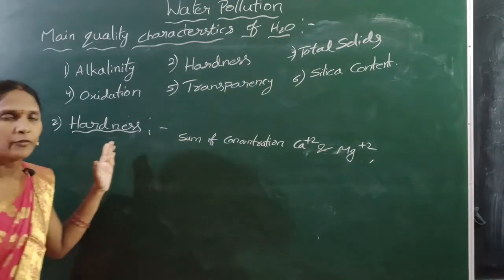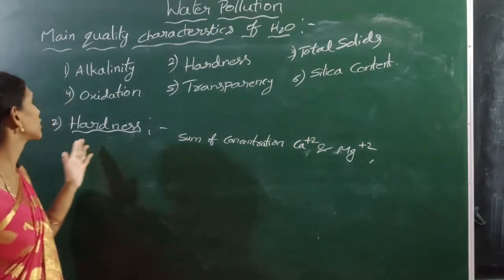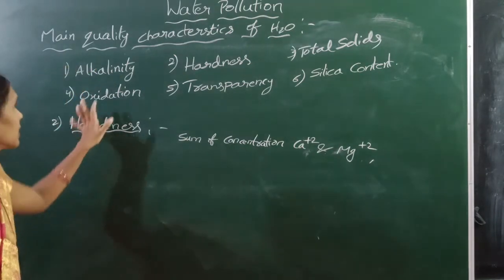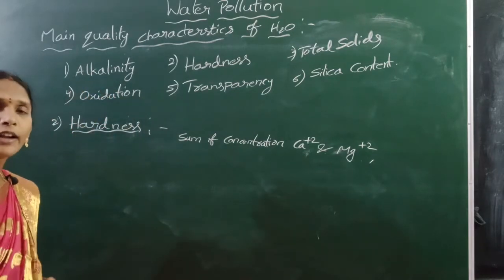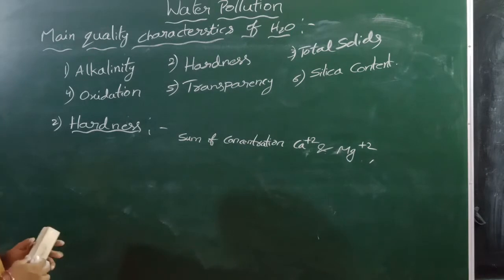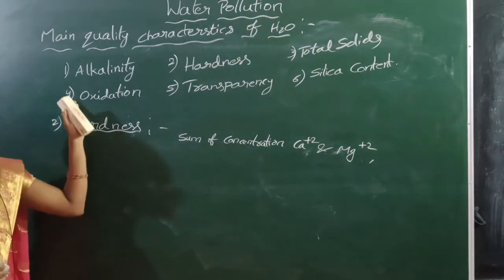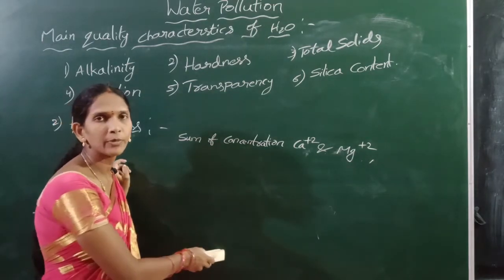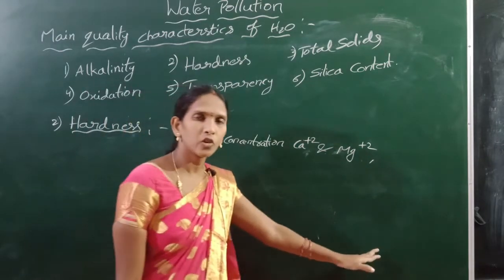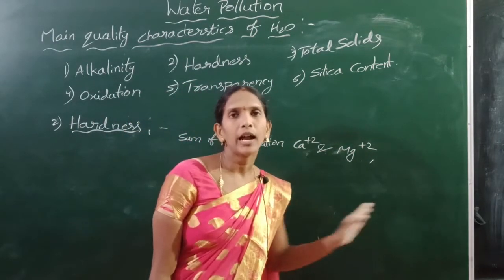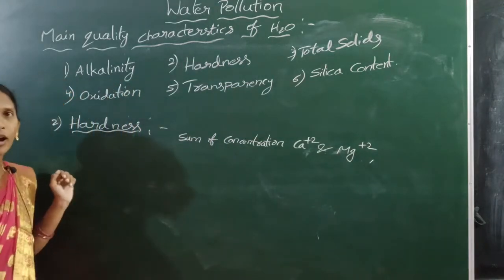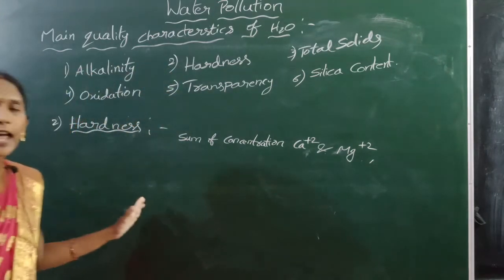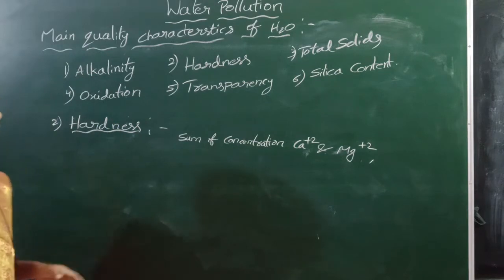On the basis of hardness and alkalinity, the natural water can be divided into two types. Natural water contains cations, sodium, calcium and magnesium, and anions, chloride ion, sulfate ion and bicarbonate ions.